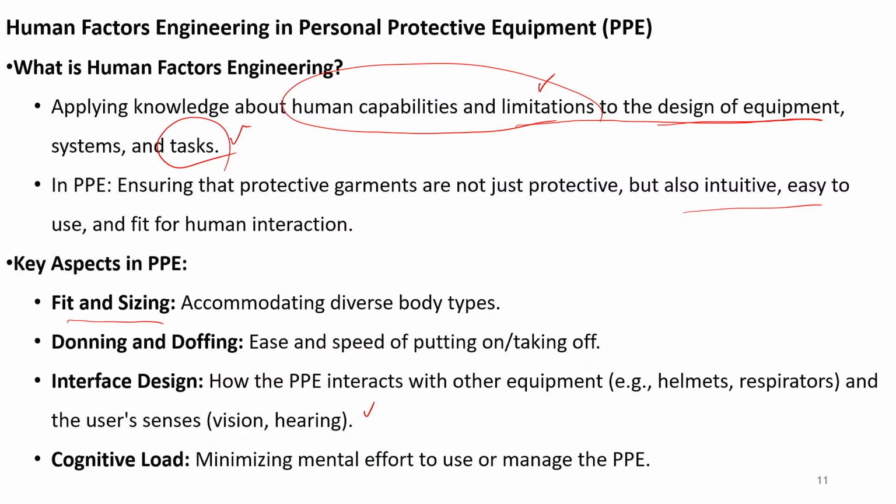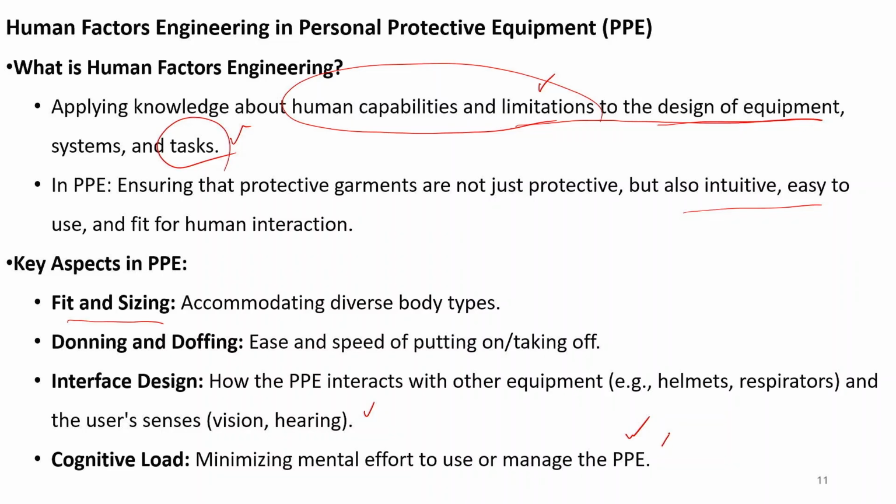Cognitive load. Minimize the mental effort to use or manage the PPE. That is important also. If the cognitive load is high, the performance will be slower. So, mental effort should not be there.